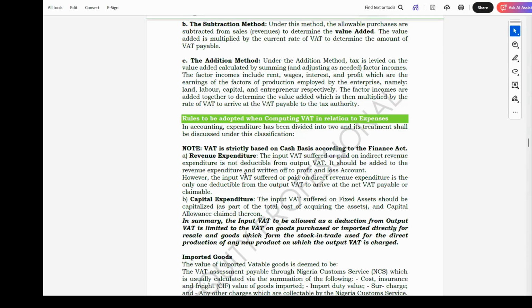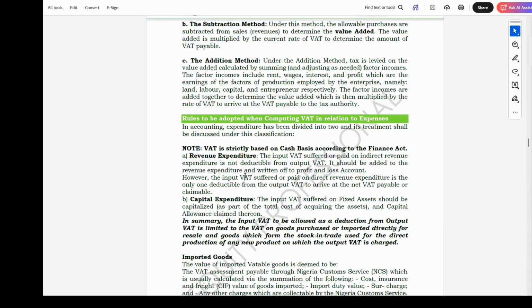So only VAT on direct revenue expenditure counts. And the determination of whether a revenue expenditure is direct or indirect depends on the nature of business carried out by the taxpayer. A particular expenditure can be direct to one taxpayer, and that same expenditure can be indirect to another taxpayer.